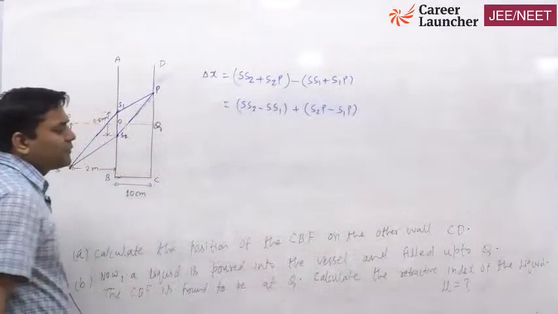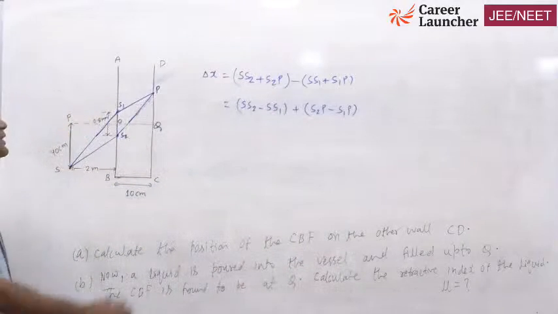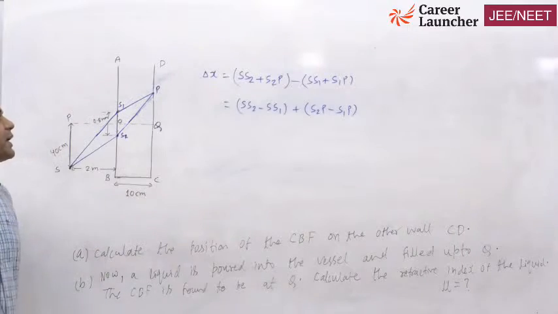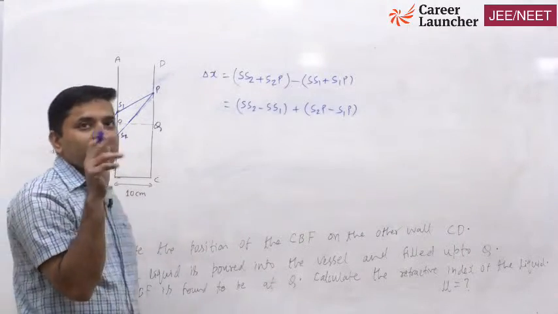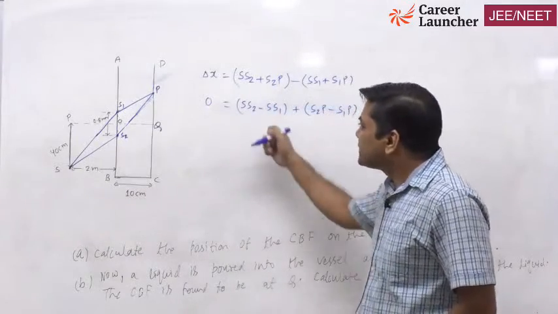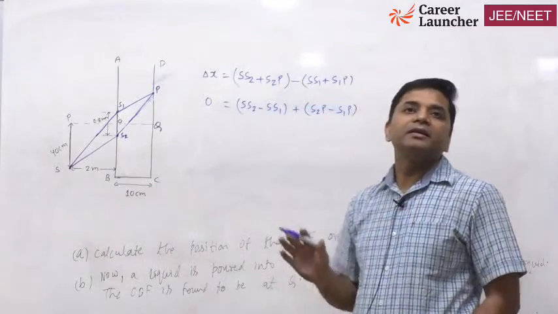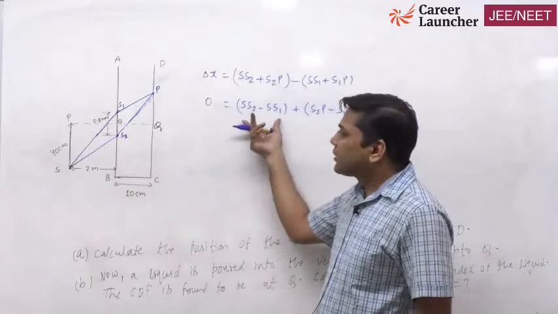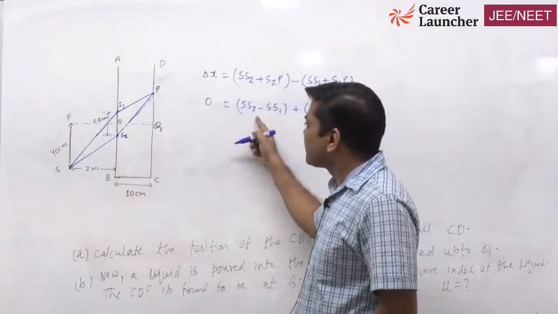Now calculate the position of the CVF on the other wall of CD. I am taking this as P, and I know that the path difference must be equal to 0. Do you remember last time I made it 0? And this term I told you to write directly. What does this term stand for?